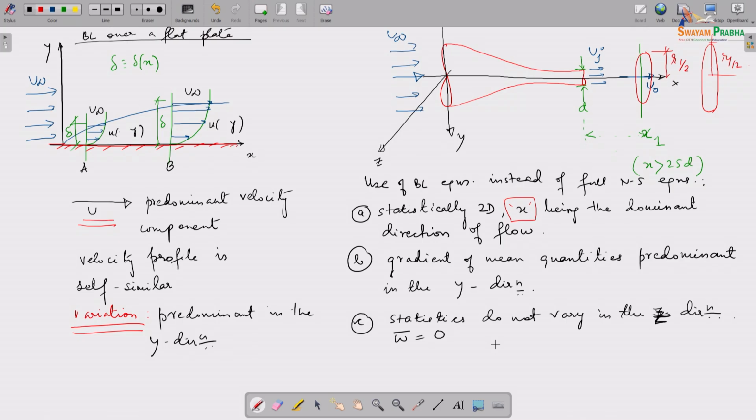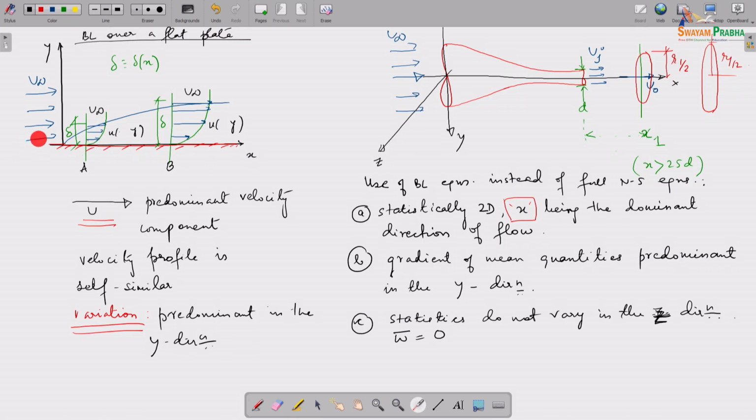One thing that I thought I should point out. When I say delta, that is the boundary layer thickness, and the jet half width is r half. What does it mean? In the boundary layer the velocity is not the same.